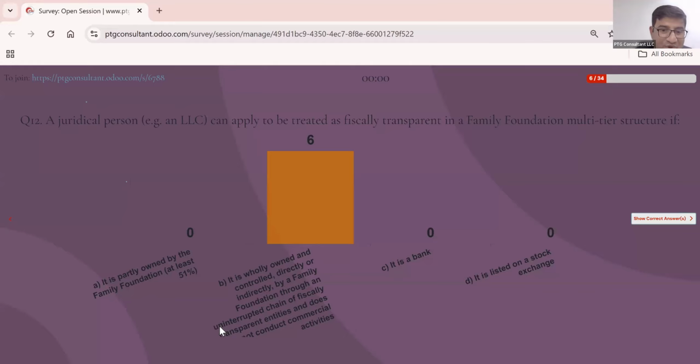This is another important factor, uninterrupted chain. These 2 are very important. So while we are looking at this multi-tier structure, like the family foundation owns subsidiary A, and subsidiary A is owned by subsidiary B, now we have to see whether the structure is wholly owned by the same family foundation. Yes, it meets the criteria.